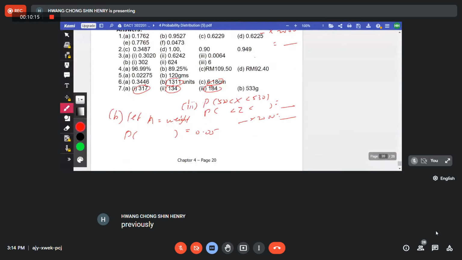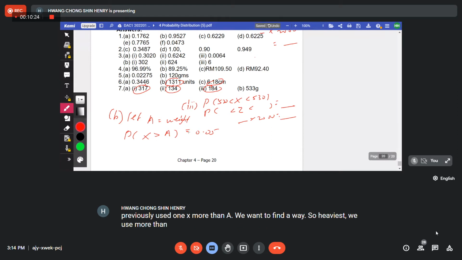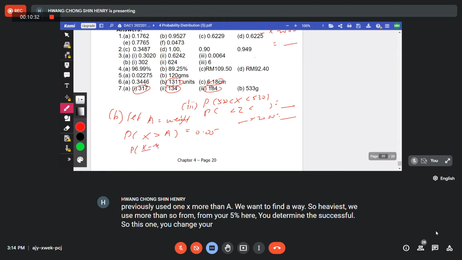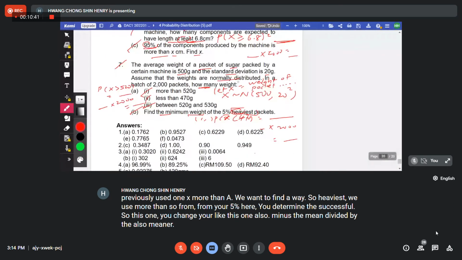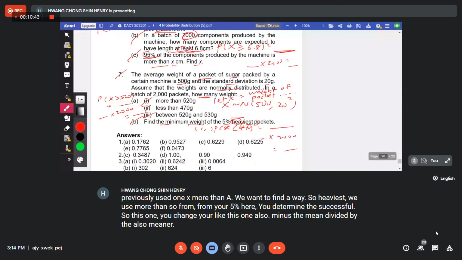X more than A. We want to find the weight. So heaviest, we use more than. So from your 5% here, you determine the Z score. So this one you change to Z. This one also minus the mean divided by the standard deviation. What's the mean? 520.